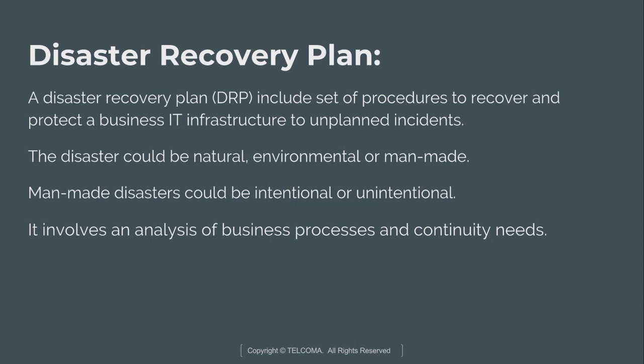The intentional disasters include terrorist attacks, and the unintentional ones include such things as the breakage of man-made dams. Here it involves an analysis of business processes and continuity needs. And the potential disasters for which the disaster recovery plan has to be made are application failure, virtual machine failures, host failures, rack failures, and communication failure.